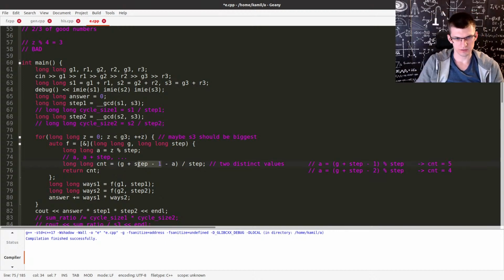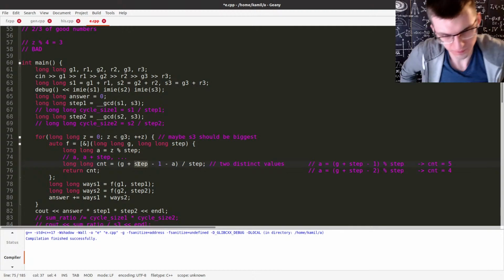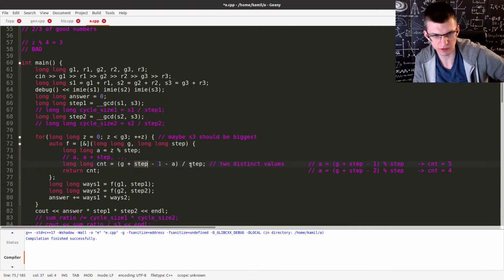Adding step minus 1, g minus a. I don't want this to be negative. Green is smaller than step? It can be. Adding step is just adding 1 to this value. We mainly have just g minus something small.